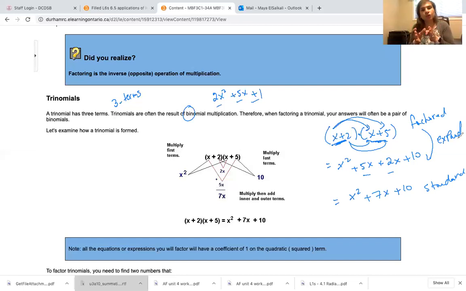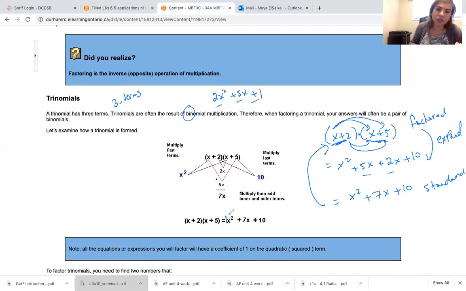Now we're going to move the other way. We're going to learn how to go from the standard form to the factored form. All equations that we're going to learn how to factor in grade 11 college are going to have an a value of 1.